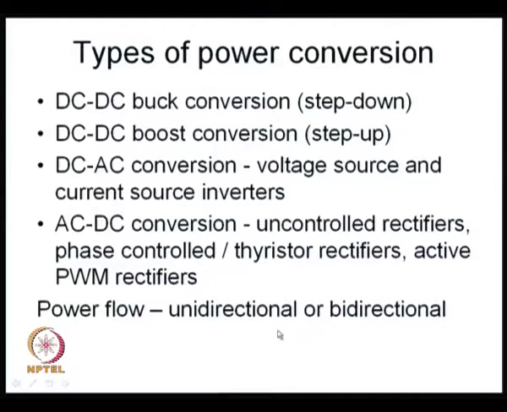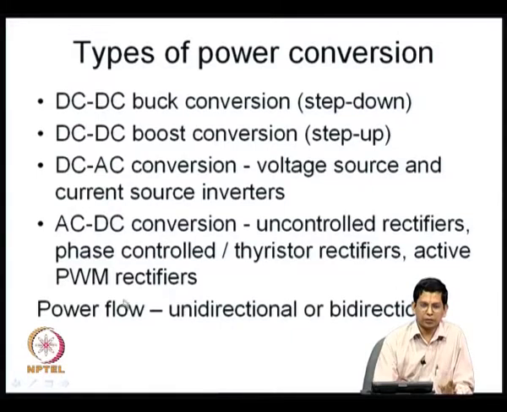So, in unidirectional power flow converters, power will be flowing in only one envisaged direction, whereas in bidirectional power flow converters, power could actually flow in both the directions. This is the case in some voltage source inverters, there is some current reversal, you can do this now, and active PWM rectifiers, there are certain configurations of active PWM rectifiers where you can actually make power flow in both the directions too. So, we have seen a few types of power conversion that we will need now.